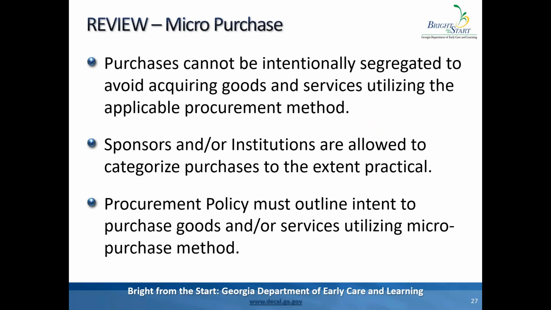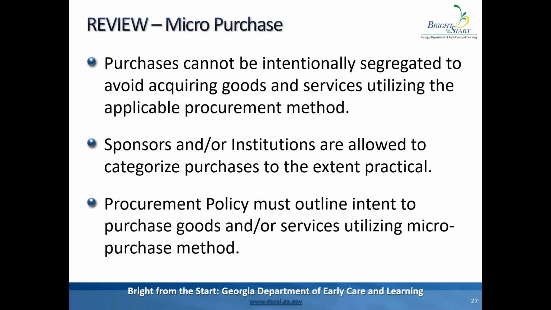So looking back at the example from ABC Childcare, in that situation, that sponsor or institution, they separated their canned good purchases to avoid having to utilize the small purchase procurement method because their food cost for that particular category was over $10,000. So you cannot intentionally separate your categories to avoid procuring according to the correct procurement method.